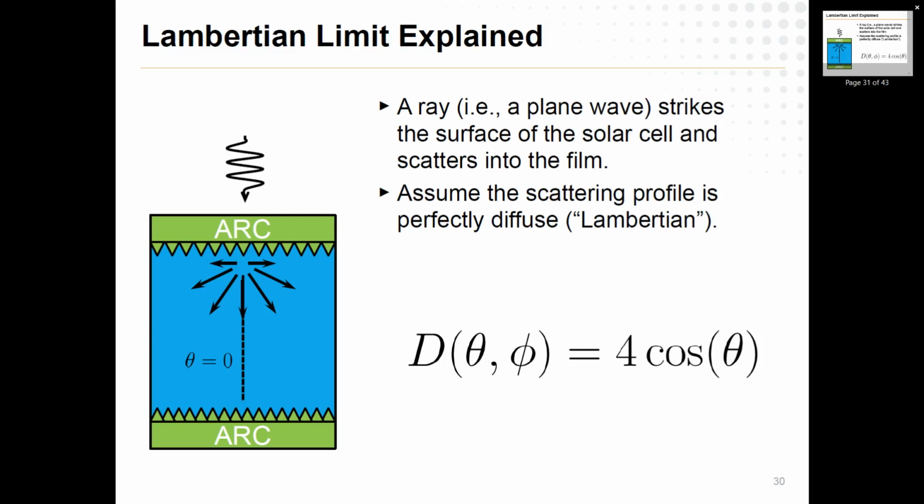If it was specular, all the energy would perfectly transmit down through, and you make it perfectly diffuse, it scrambles it every which way. In principle, you could do some weird photonic crystal magic where you have some perfect distribution of rays, but this idea is you have to average that over a whole bunch of wavelengths on that same surface. And sometimes they'll scatter this way or that way, and sometimes they won't. And generally, everything just kind of meanders towards this cosine theta limit here.